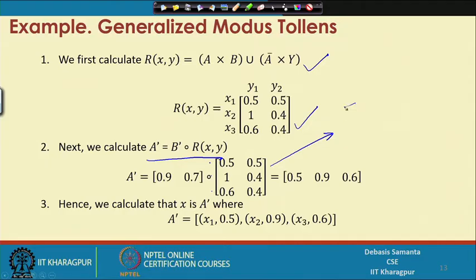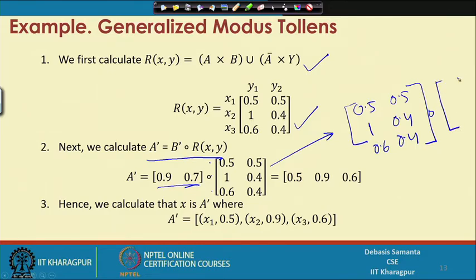So, I can write it basically this way: 0.5, 0.5, 1, 0.4 and 0.6 and 0.4. Then the composition, and this composition I can write either this way or in this way, where this is basically y 1 and y 2. So, it is 0.9 and 0.7.